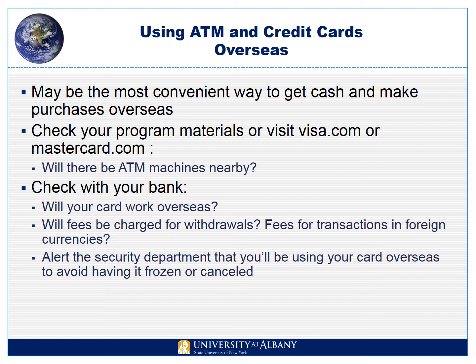You should also check with your bank, and this is very important. You need to find out, first of all, will your card work overseas? Most will, but occasionally you might need a new card or a different PIN number in order to enable it to work abroad.